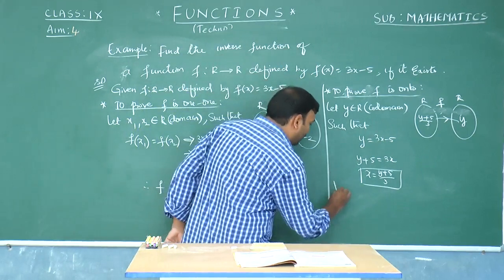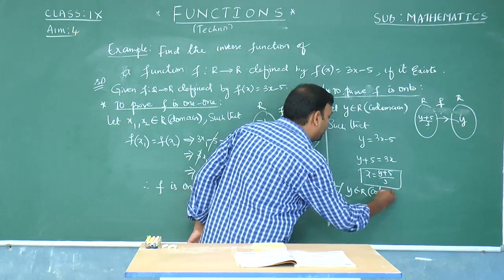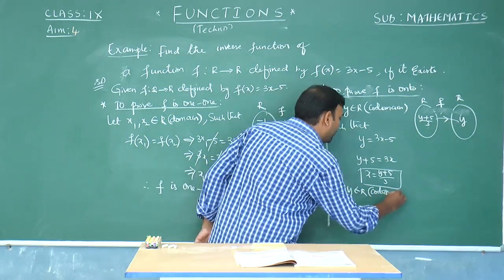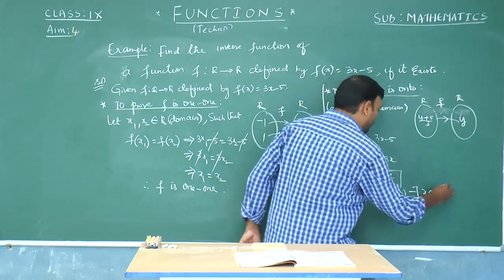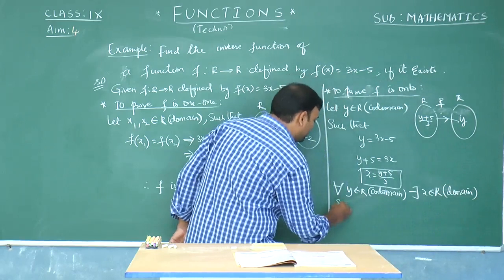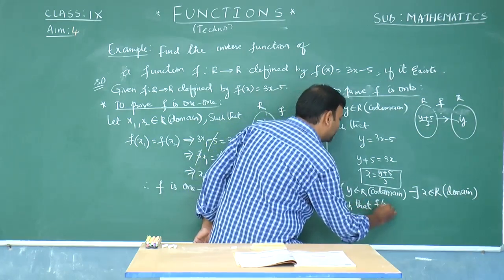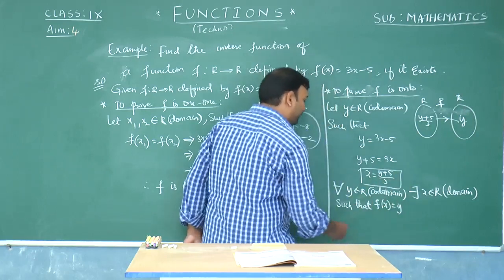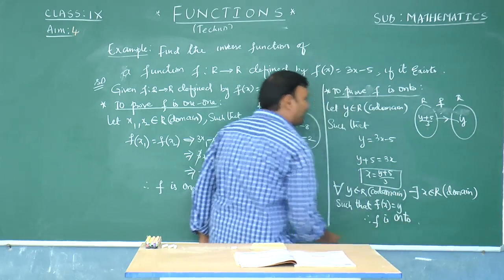So for all y belonging to the codomain R, there exists at least one x belonging to the domain R such that f of x equals y. Therefore f is an onto function.